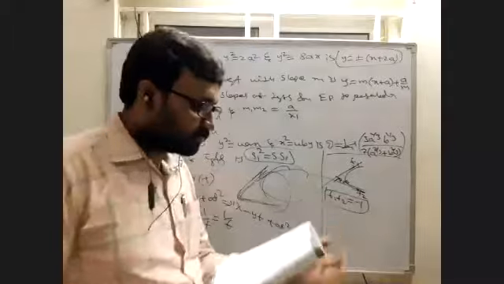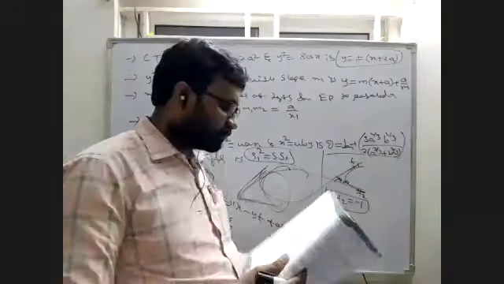Already we did this for the focal chord. T1 T2 is equal to minus 1.